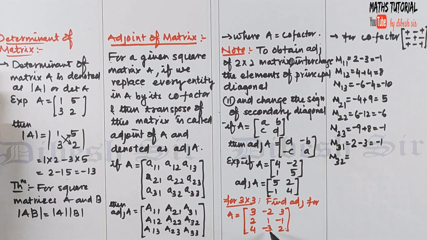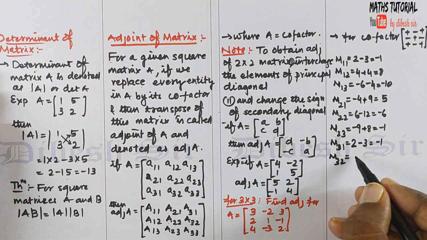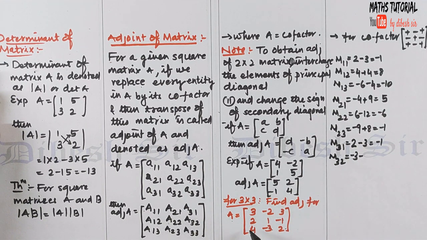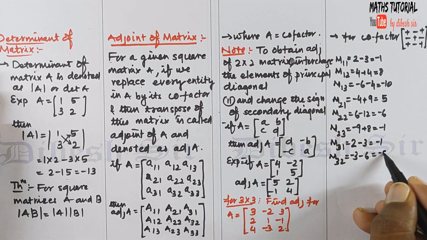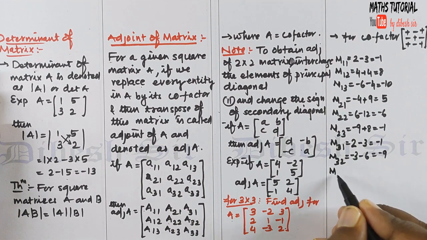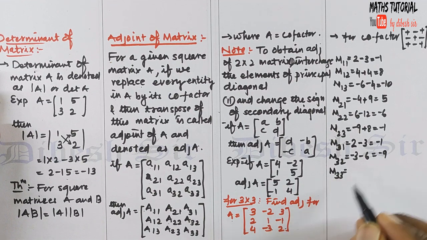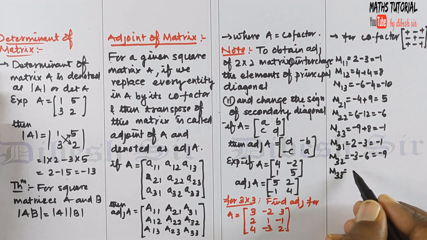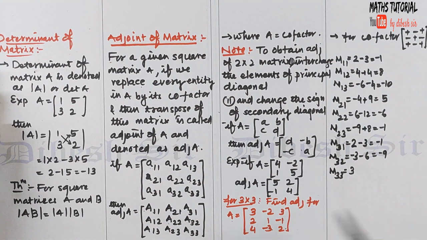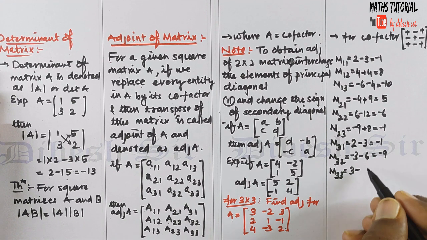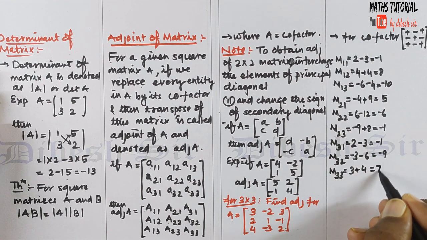Third row, second column. 2 into minus 1, 3 into minus 1, minus 3, minus 2 into 3, 6. That is minus 9. M33. M33 means third row, third column. That is 3 into 1, 3, minus 2 into minus 2, that is minus minus 4 plus 4, that is 7.